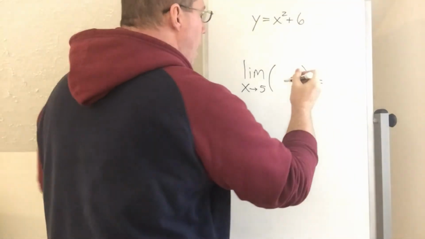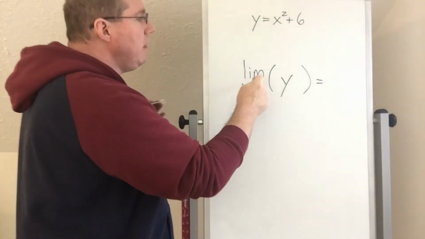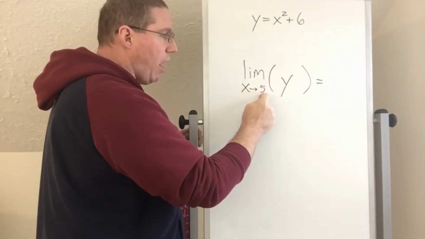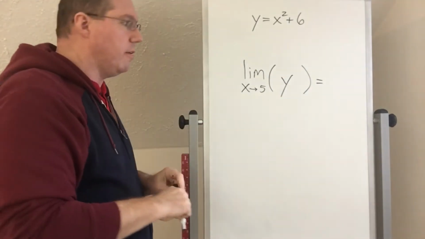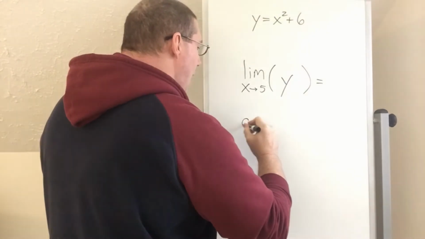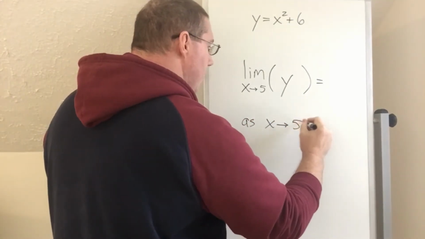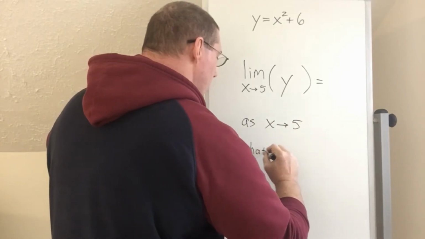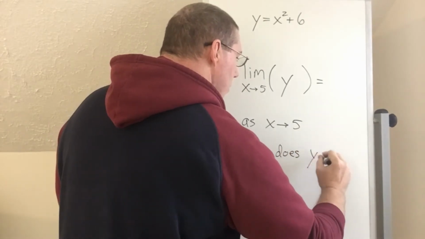So we can just put a y right here. And so what we're really saying is, what is the limit of y as x approaches 5? Well, what it's basically asking is this: as x approaches 5, what does y approach?